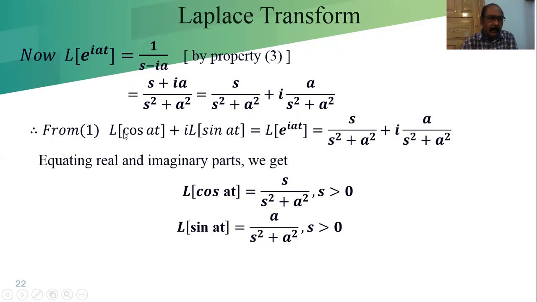Here our real part is cos at. From that we can say the Laplace transformation of cos at equals s by s square plus a square, s greater than 0. And from equating the imaginary part, we get the Laplace transformation of sin at equals a by s square plus a square, and s greater than 0.